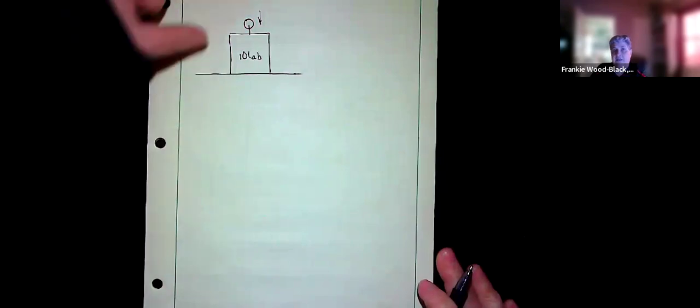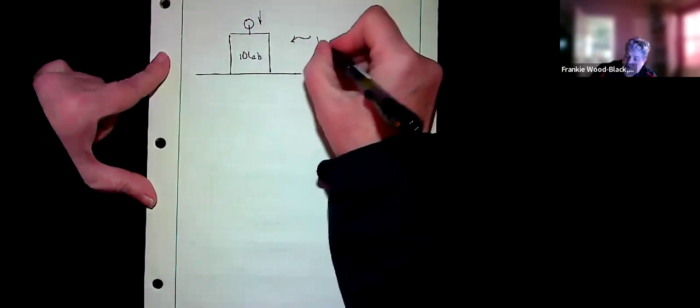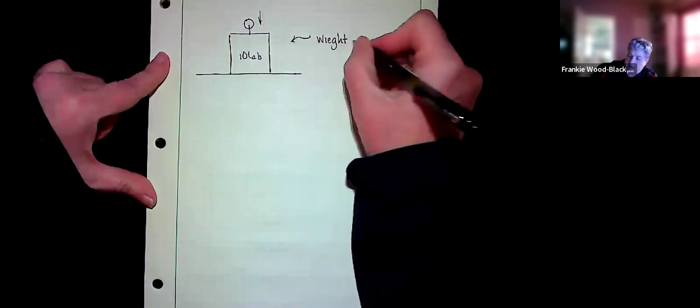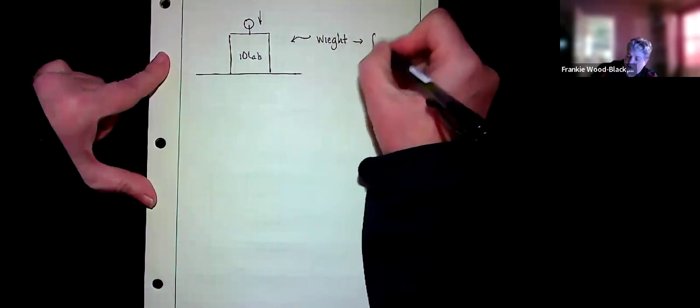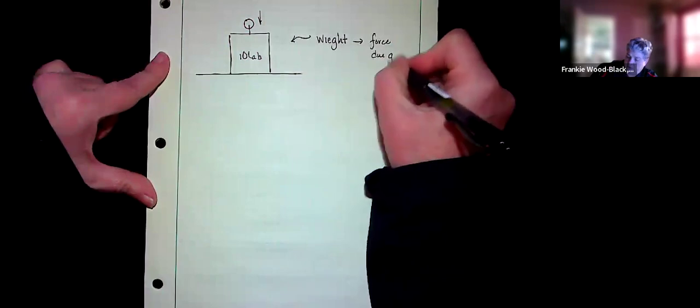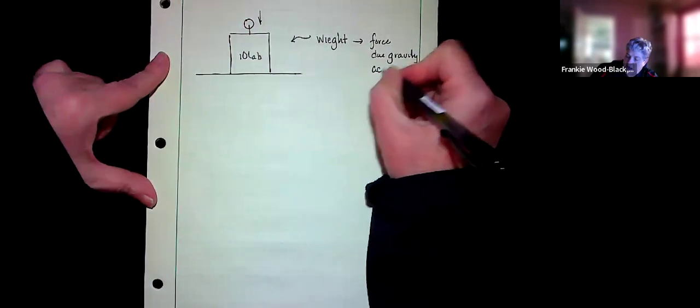So what I'm doing is I'm overcoming the force due to gravity to lift it up. And so we're actually going to get something that we're very familiar with, the idea of weight. And weight is our force due to gravity acting on my object.